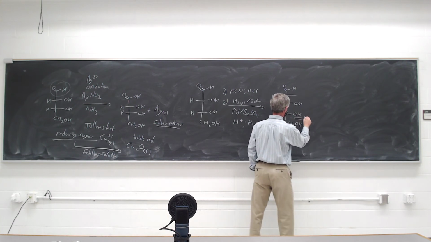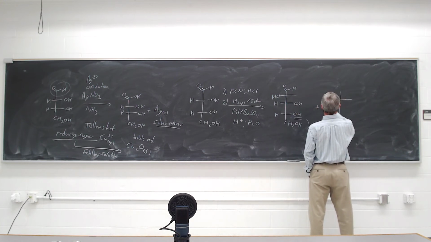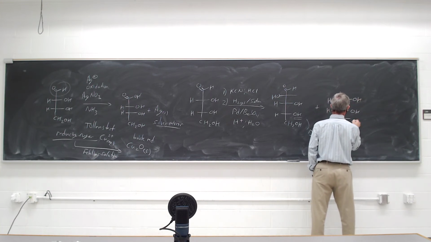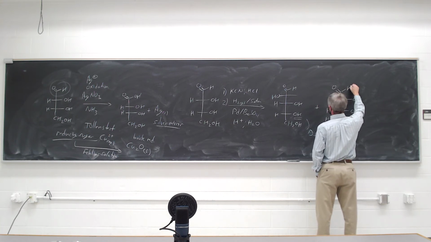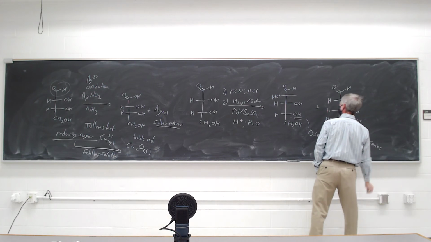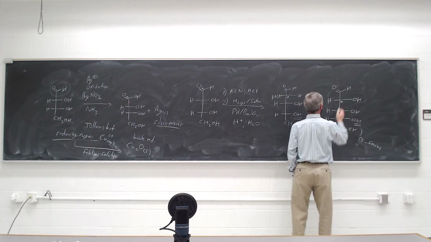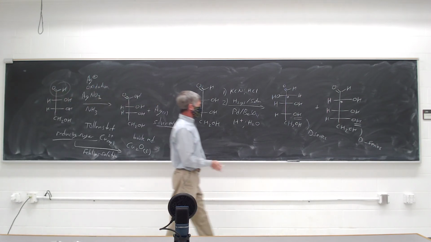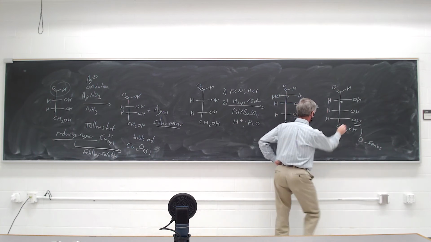Both D-series sugars, right, because that's still there. But we've introduced a new chiral center in addition to the 2 that were there in the threose. One of these is ribose, the other one is arabinose. This is D-arabinose. This is D-ribose.